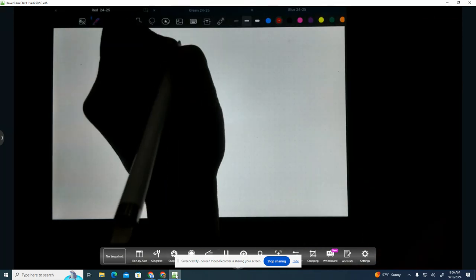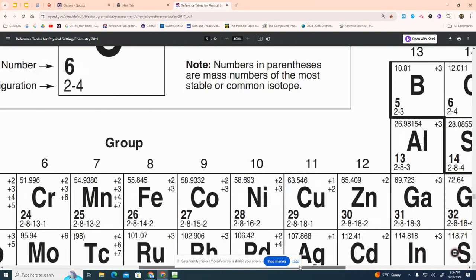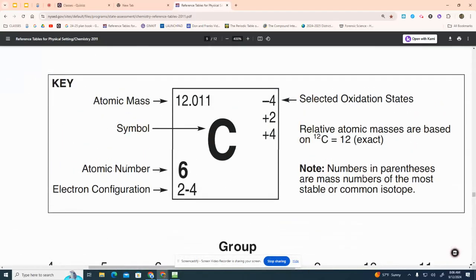How many protons are in that carbon? 6. And how did you get that? Here's carbon. Its atomic number is 6, and therefore it has 6 protons.